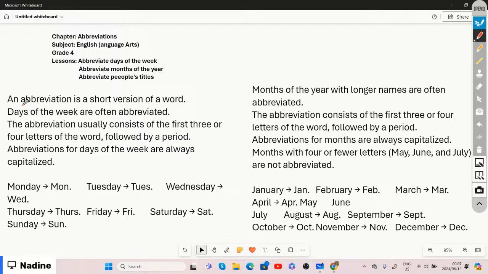So once again, we said an abbreviation, it is a short version of a word. It's like things are kind of shortened. Words are shortened, right?